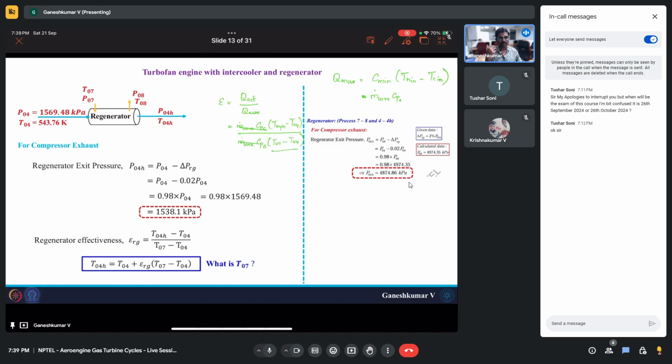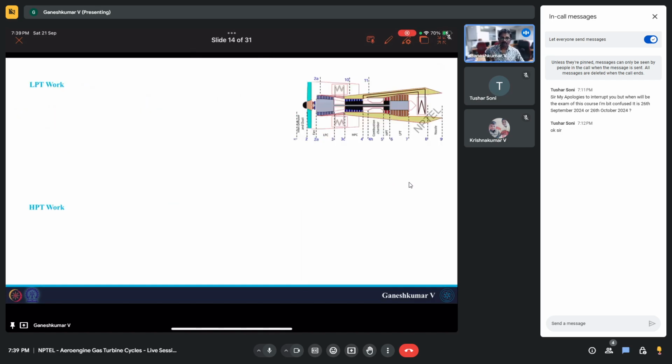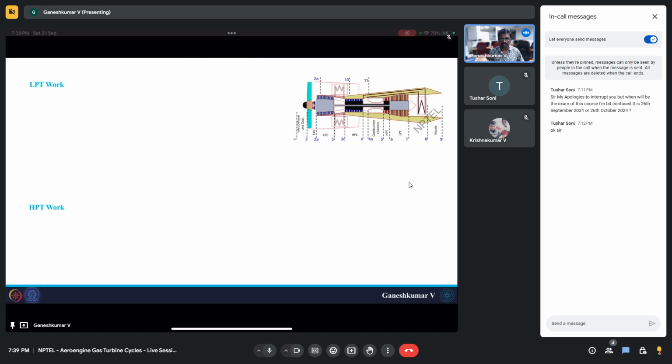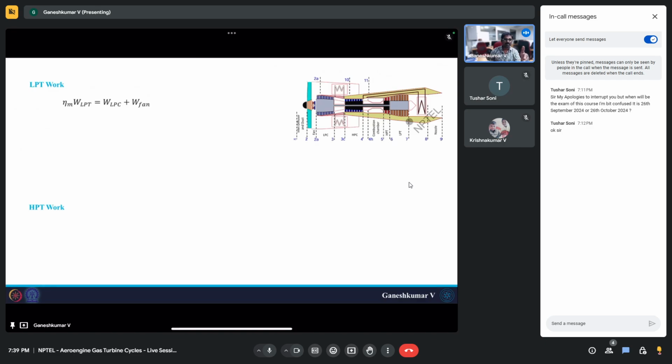Now let me find out T07, because we need to find T04H. T07 is nothing but the exit of the low pressure turbine. So if I solve for the low pressure turbine, I will be able to get T07. What does the low pressure turbine do here?